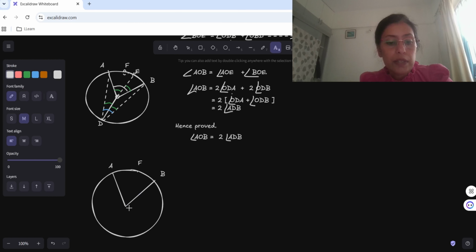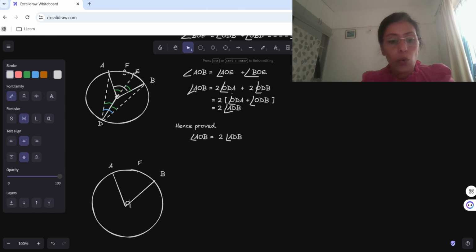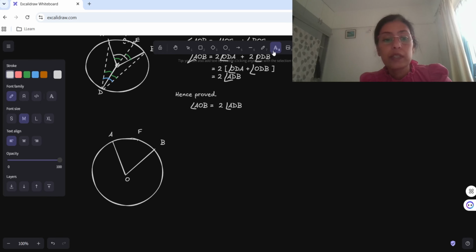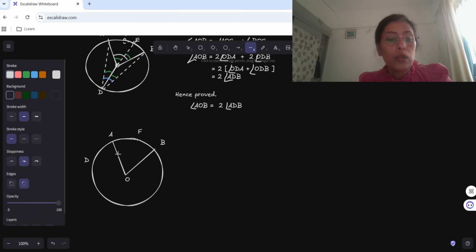I'll call this point O. O is my center. Now I'll take another point D on the circle. Here I have taken D at this point. Now I'll join A to D, see here? And I'll join B to D.